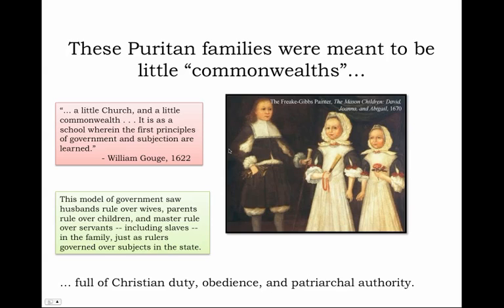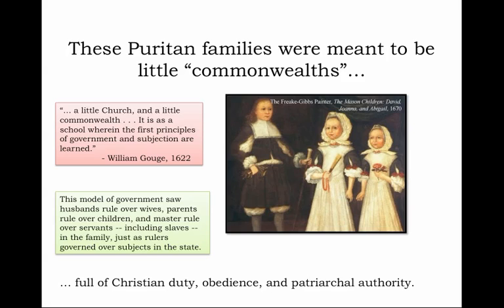The family was like a little government unto itself, and this model of government saw husbands ruling over wives, parents ruling over children, and masters ruling over servants, including slaves, as we'll see, within the family government. A kind of parallel or mirror to the rulers governing subjects in the larger state, or the ministers governing over a congregation in the Puritan churches.